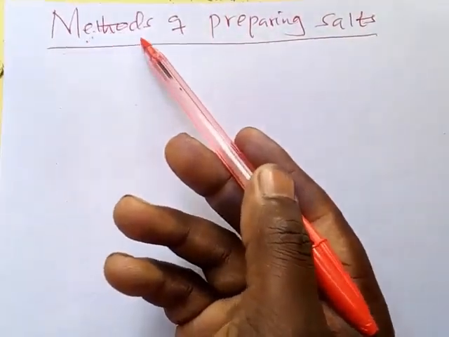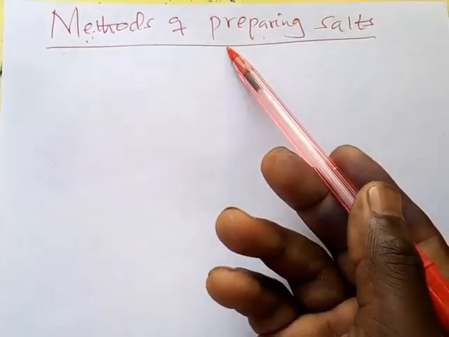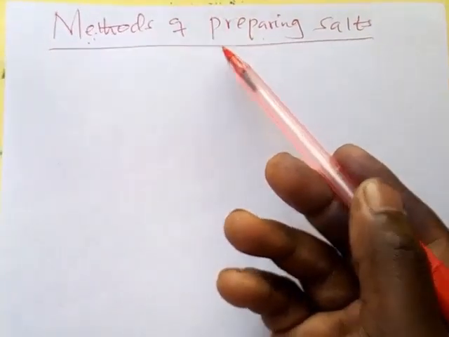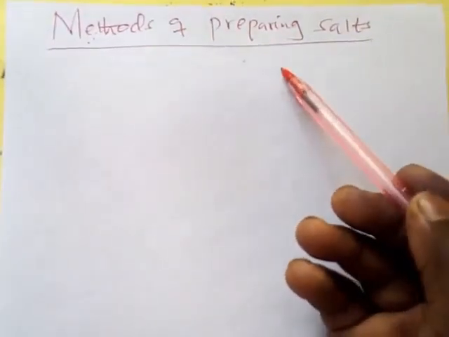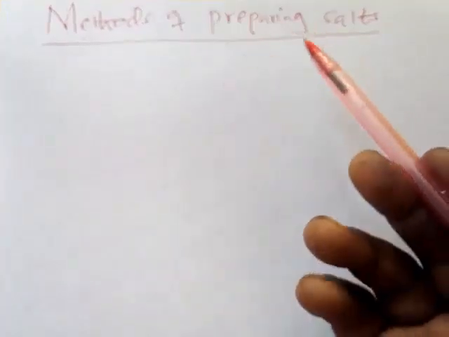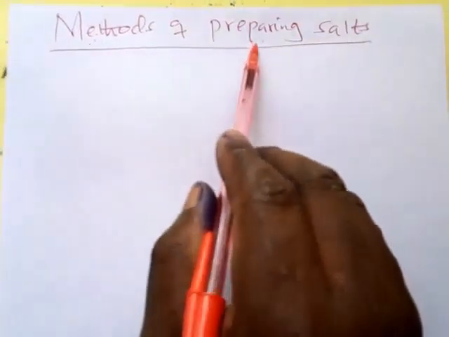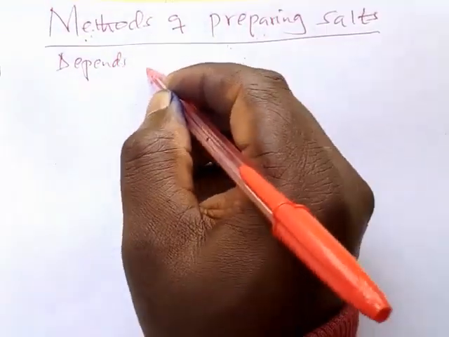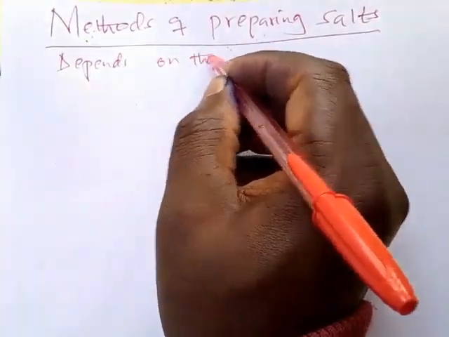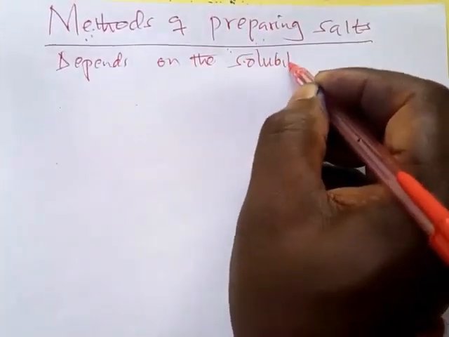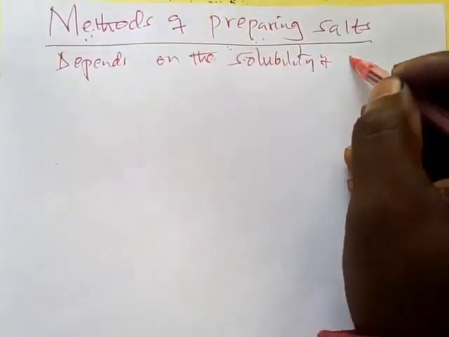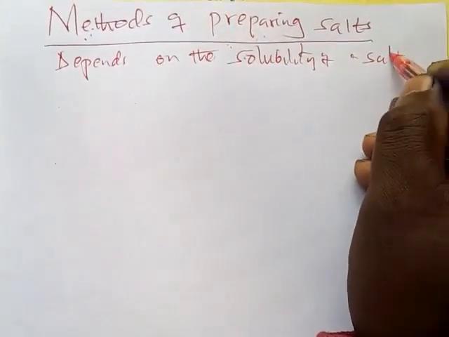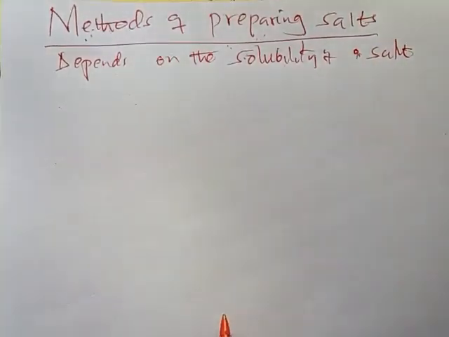Before you prepare a salt, you need to be aware: is the salt I'm told to prepare soluble or insoluble? Preparing a salt depends on the solubility of a salt.